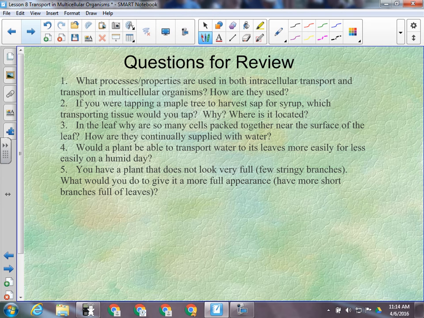In the leaf, why are so many cells packed together near the surface of the leaf? We want the top side of the leaf to carry out more photosynthesis, so we pack a whole bunch of cells into what's that layer called?